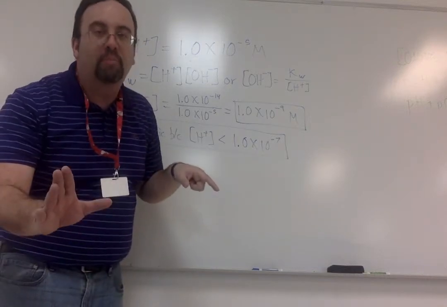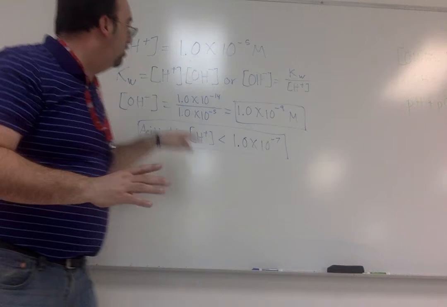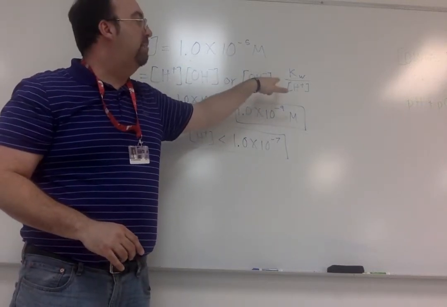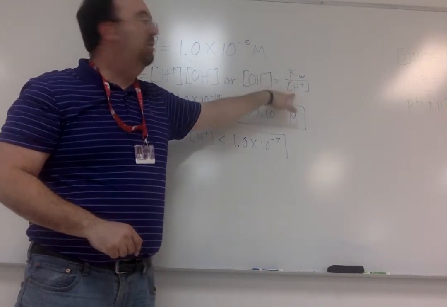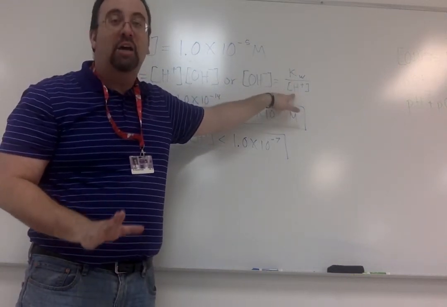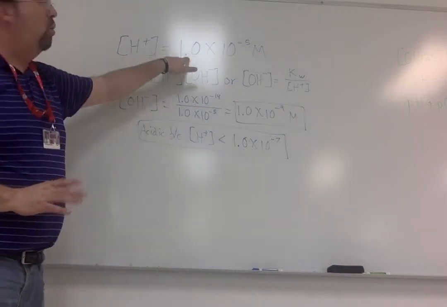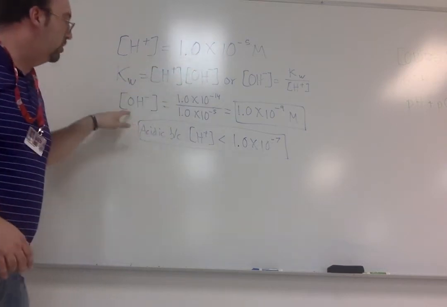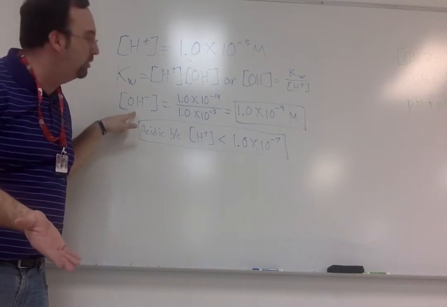Notice that in this problem, we're looking for OH-, and so I can rearrange this equation to solve for OH-. This is going to be equal to the ion product constant of water on top divided by the hydrogen ion concentration. All right. Remember that we're told that the hydrogen ion concentration is this. We can solve, therefore, for the OH- concentration, the hydroxide ion concentration.